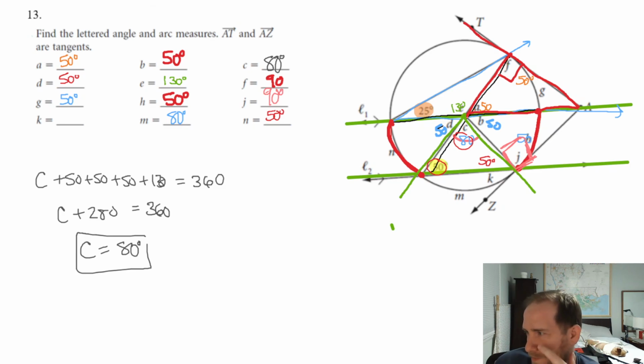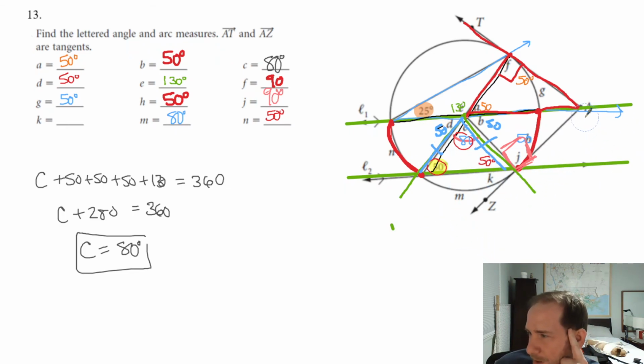Or maybe I could have just said that because this segment is a radius and this segment is a radius, we know that this triangle in blue is an isosceles triangle, and that means the two base angles had to be the same. So knowing this one was 50 does automatically make the other one 50. So you could do that by using math, or you could do that by understanding the formulas.